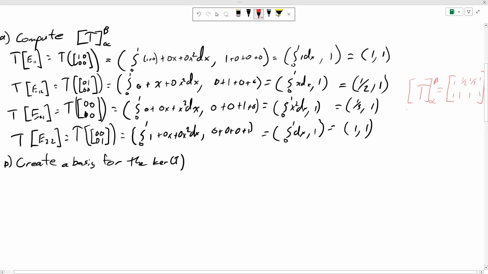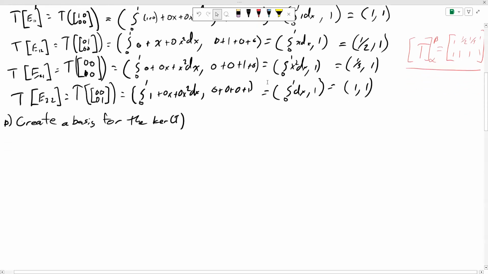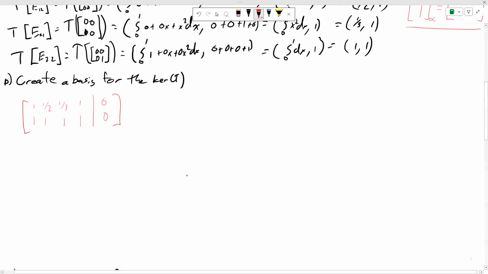Now we have our matrix representation. From here, we can compute our kernel. So to compute our kernel, we're going to take our matrix representation and create a homogeneous system of equations. And we're going to solve for the solution space for the homogeneous system of equations.